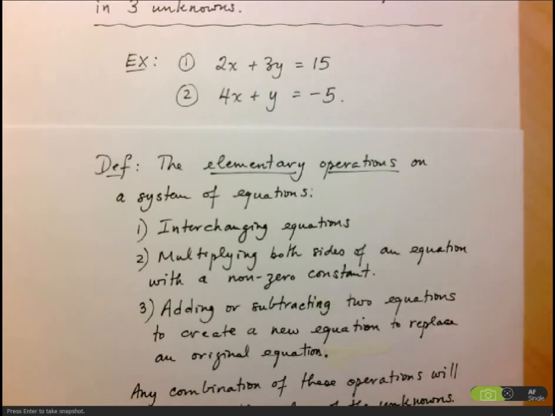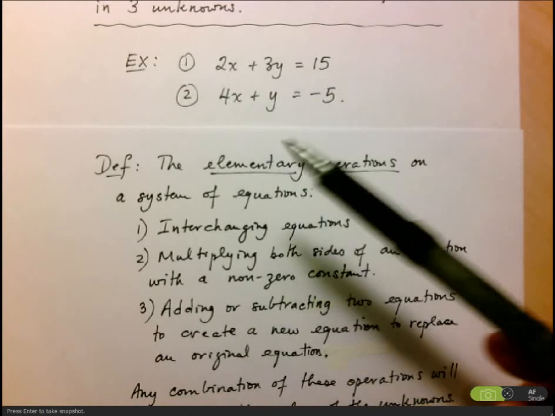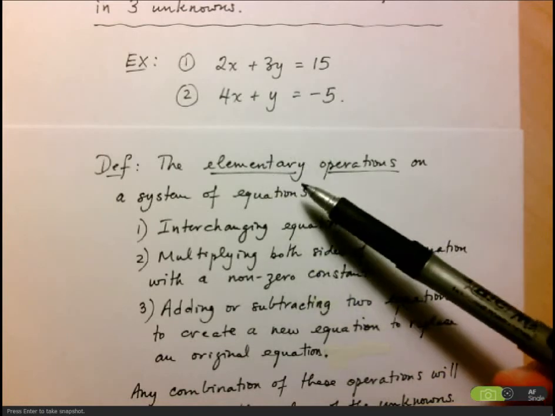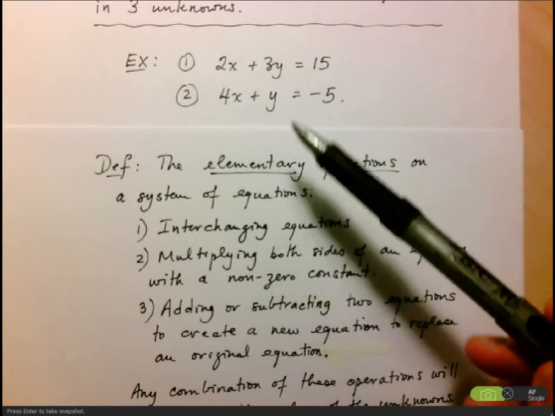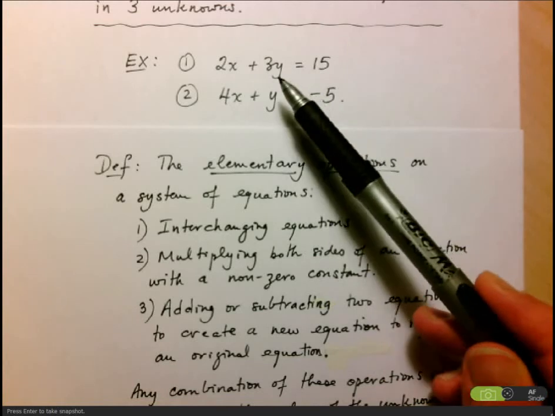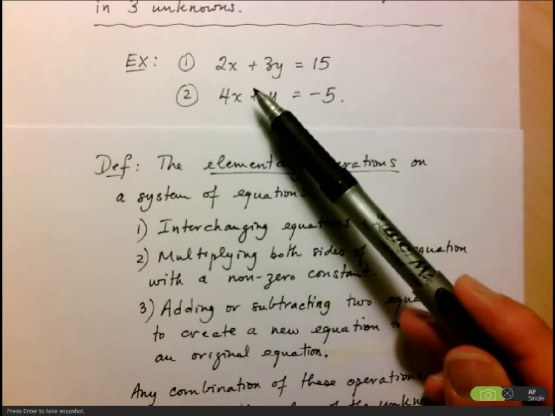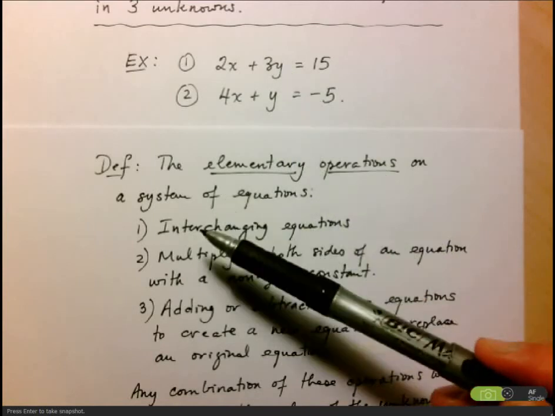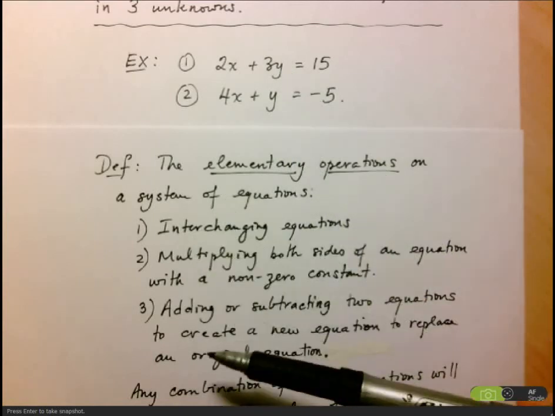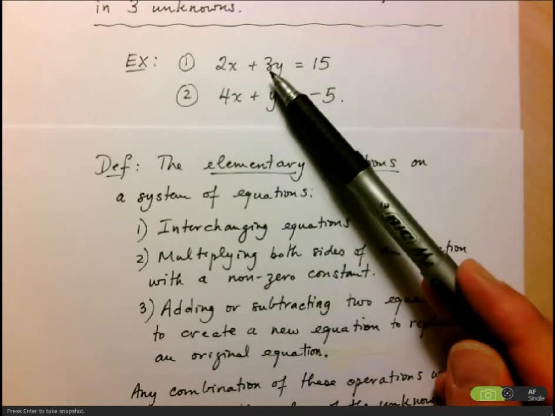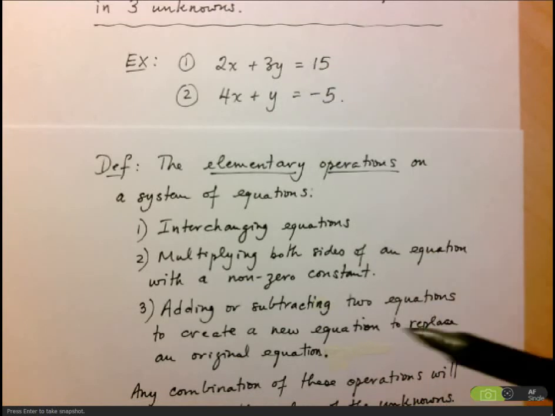Now let's get to the ones that we do use very often. When we talk about these elementary operations, what we mean is what can we do to these equations that will not change the values of x and y that solve both equations. Another thing we can do is take an equation and multiply both sides by a non-zero constant.